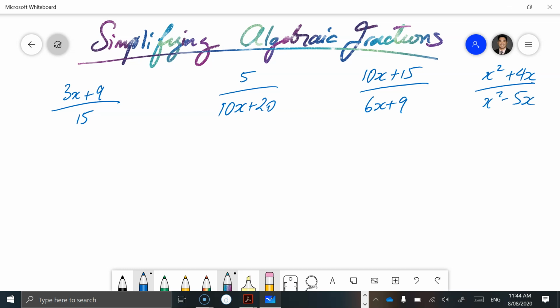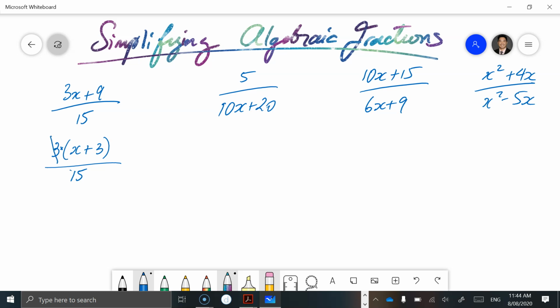Okay, so what we can see at the top, we can actually simplify, or sorry, factorize a common factor of 3 and have x plus 3 inside the brackets, because both the 3x and the 9 are divisible by 3. We can then leave the 15 below. Remember that this is 3 times x plus 3, and we got 15 at the bottom.